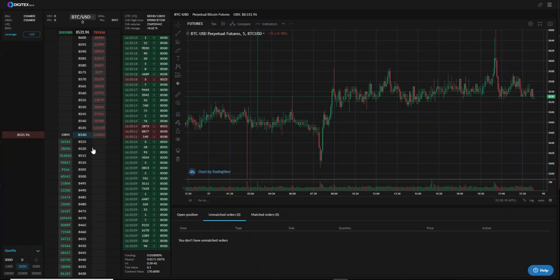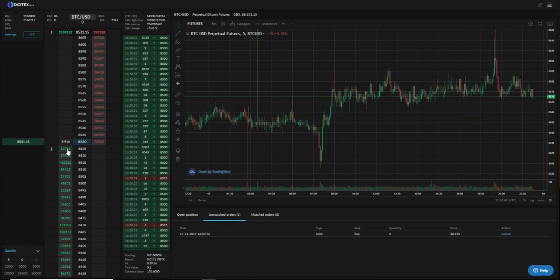Let's go to a practical example, with a smaller size. Let's say 5 contracts. If I want to place 5 contracts at 520 or 25, and I see there are 10,000 contracts on the bid, when I place mine, I'm going to be executed after those first 10,000 are executed.